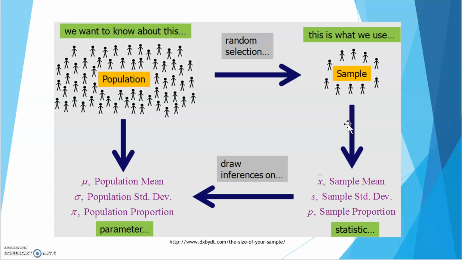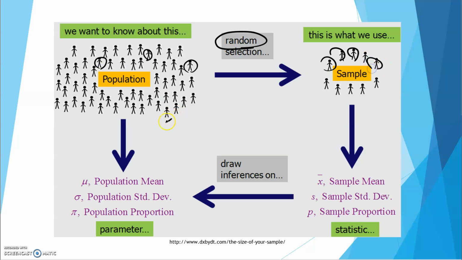So this is an overall picture of basically what we're doing. We have a population here, and I'm going to find the heights of every person here, or I want to find the average height of this population. Well, there's too many people here. So what we're going to do is take a random selection. That word is going to be important in a minute. Say it was this person right here, this person right here, and so on.